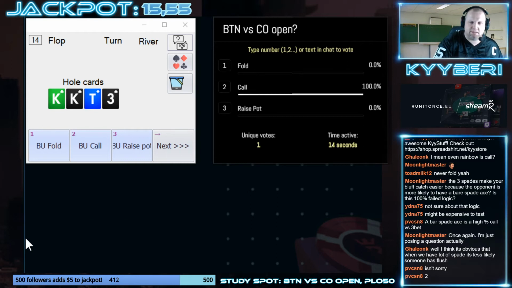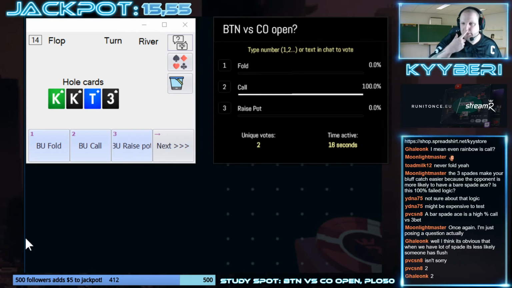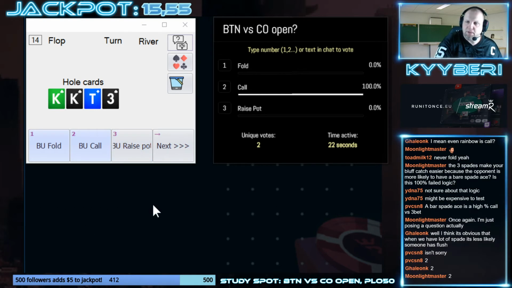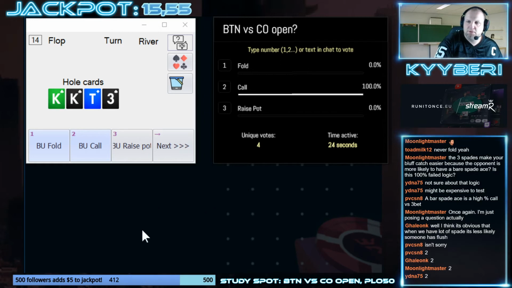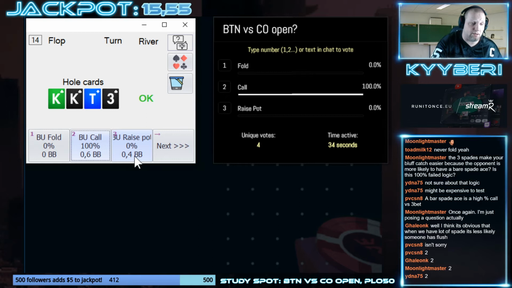I think it's easy call. Not good enough to 3-bet, although the EV of a 3-bet is probably decently high. Never a fold. And everyone says call. And it is 100% call. EV of 3-bet is still 0.4 BBs.